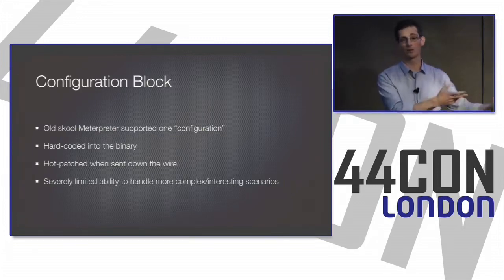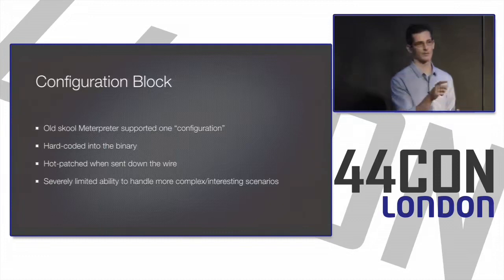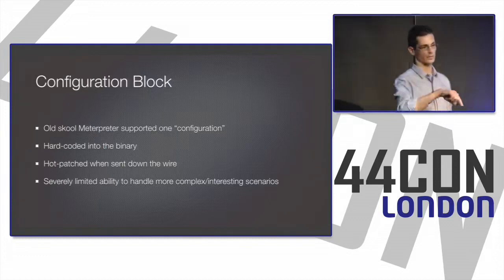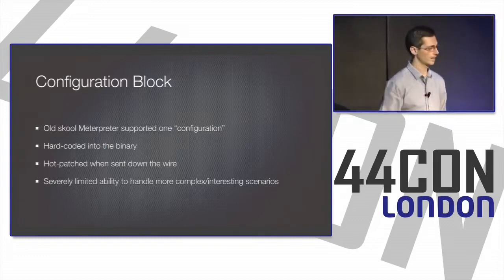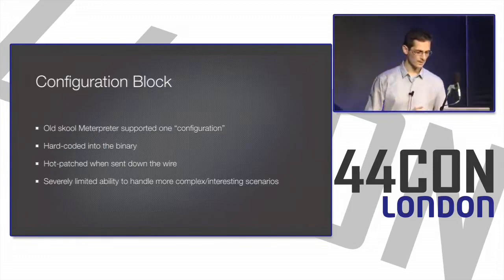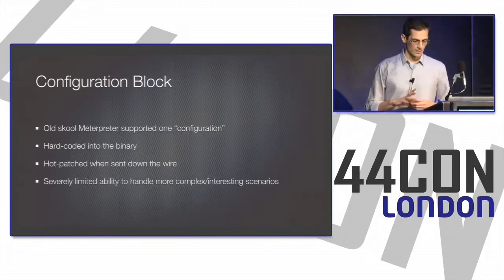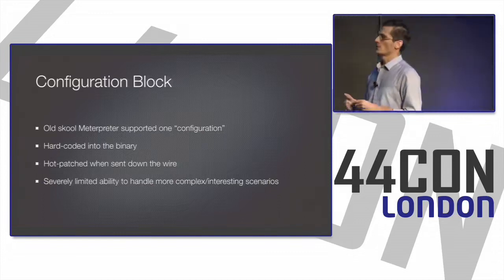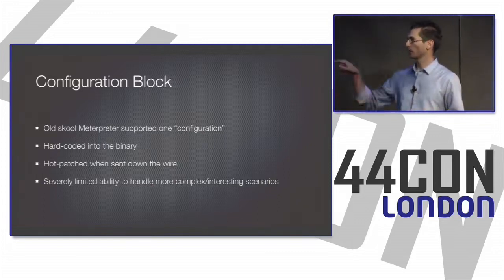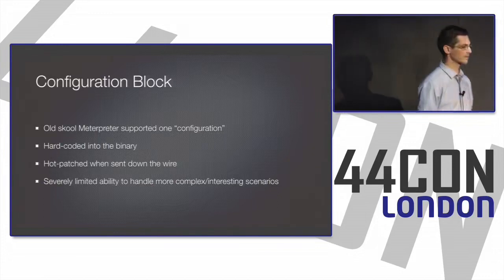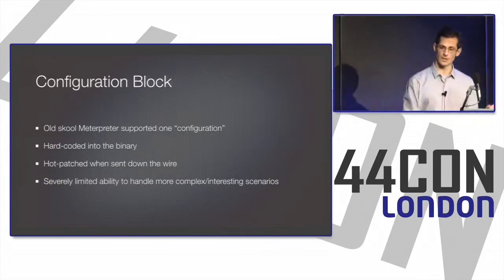So that when it ends up in memory on the target, it can do some basic offset calculations and figure out where that pointer to the configuration is before it goes ahead and executes. Okay? Yeah, so back in the day, we didn't really have the ability to do all these kind of complex things, and so the implementation of this was designed to solve that problem.